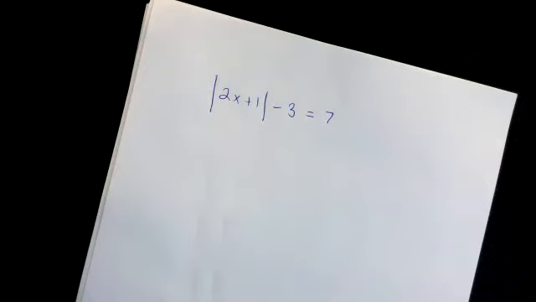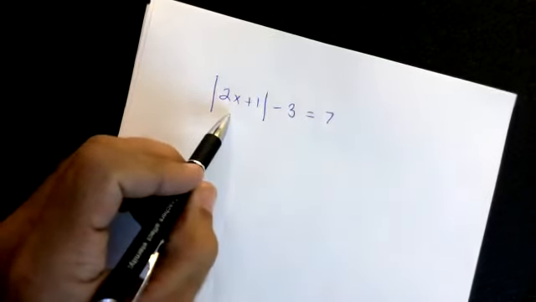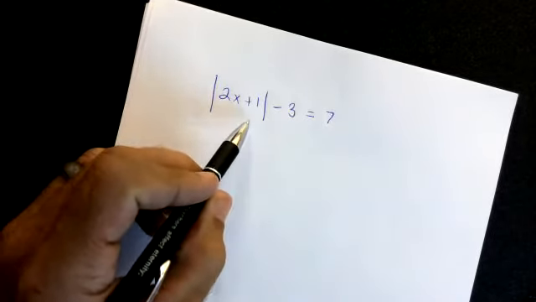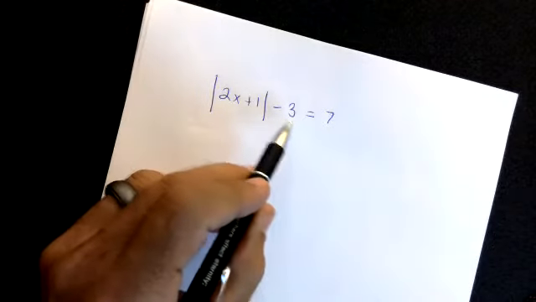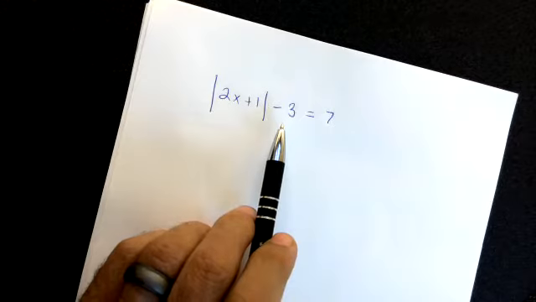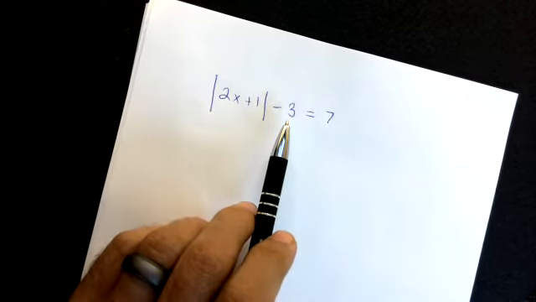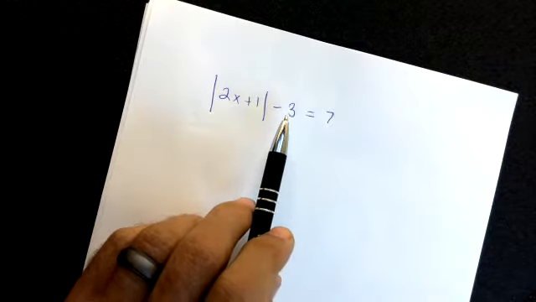All right, to solve an absolute value equation, again, we need to get this absolute value piece by itself, meaning we've got to get rid of anything else going on. So for example, this minus 3, we've got to get rid of it. When I say get rid of, I'm talking standard equation solving techniques.